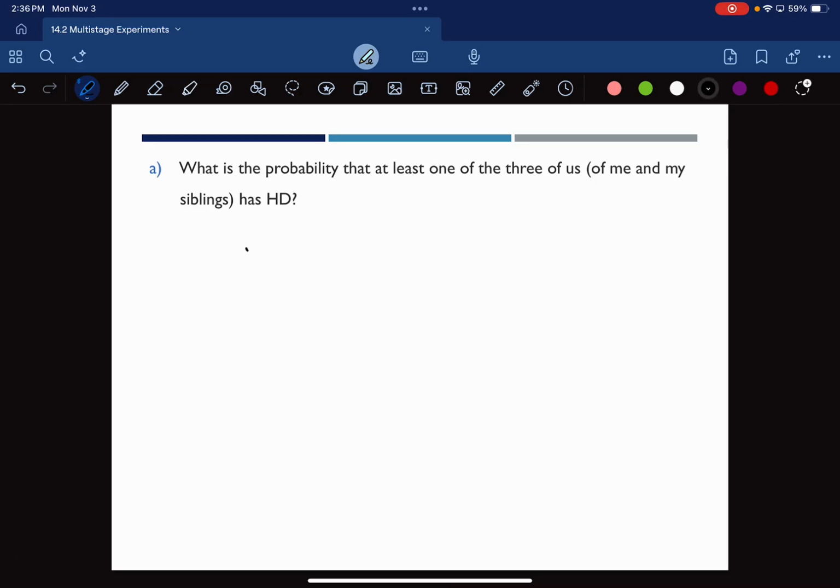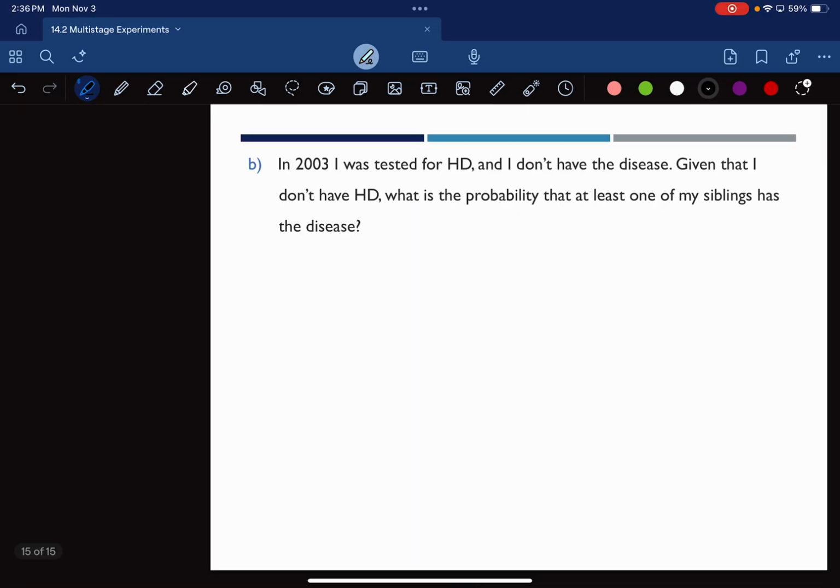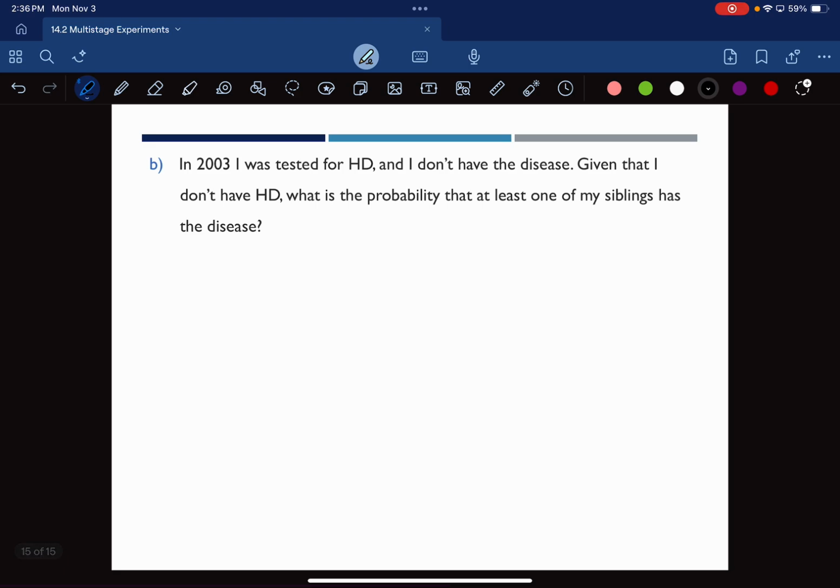So we did this one. You can flip your page now. This is 0.875. I do not have Huntington's disease. Obviously, my family was very pleased at that point that I'd been tested and that I knew and that I was in the clear, and that was all good news.